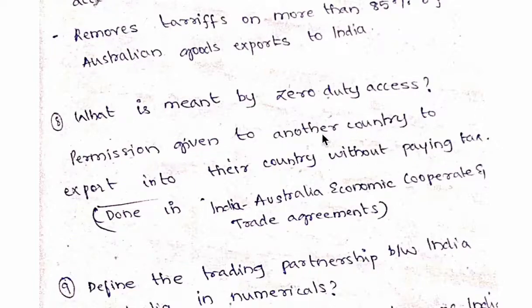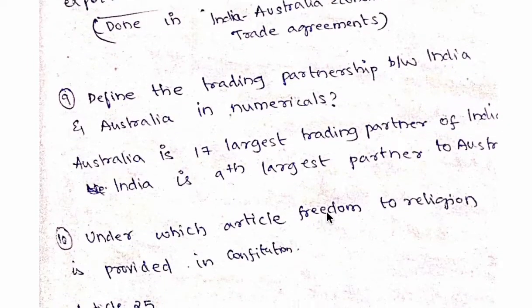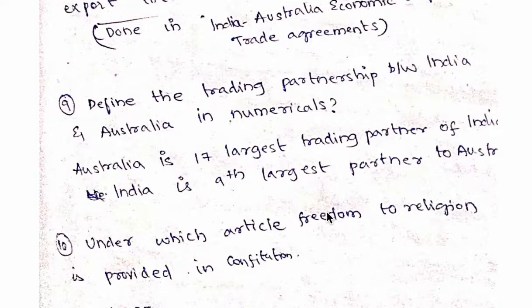This was recently done in the India-Australia Economic Cooperation and Trade Agreements. Ninth question, define the trading partnership between India and Australia in numericals. Australia is the 17th largest trading partner of India, and India is the 9th largest partner of Australia.